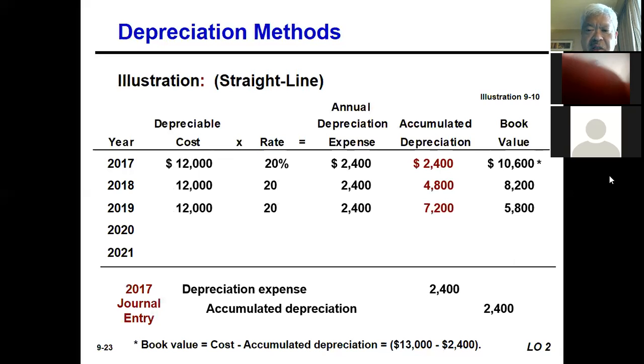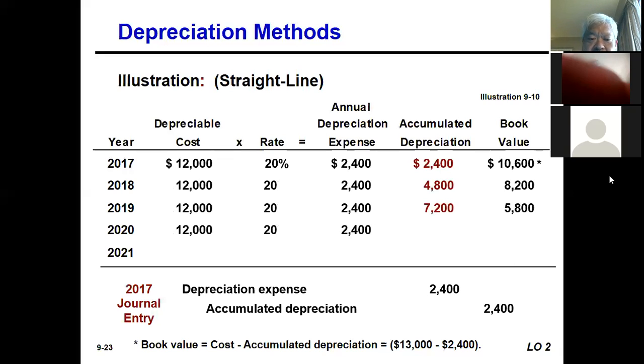And notice that the book value here, even though we're taking into account the salvage value because we're going to get that back at the end, right? So we're systematically recovering the 12,000, but we still have 1,000 extra. So the book value being the cost minus the accumulated depreciation, we add back in the salvage value.